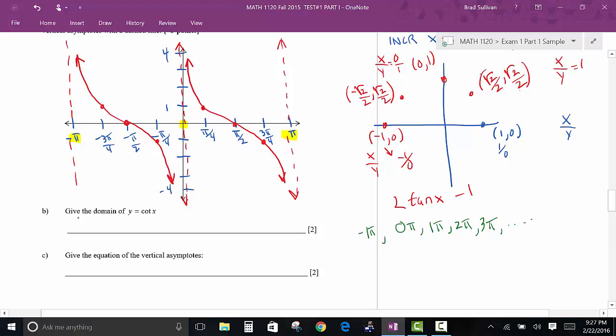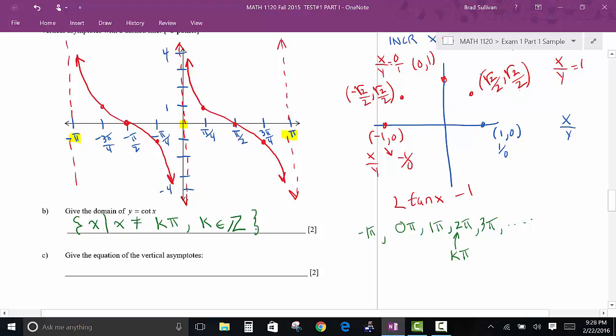So when you list the domain, you're telling me what x cannot be. You say the set of x, such that x cannot be equal to... You can't list all these things, so you have to write a formula. So it always has a pi in it, but k is going to be an integer. So we say k pi, then we say k is an element of the integers, like that.